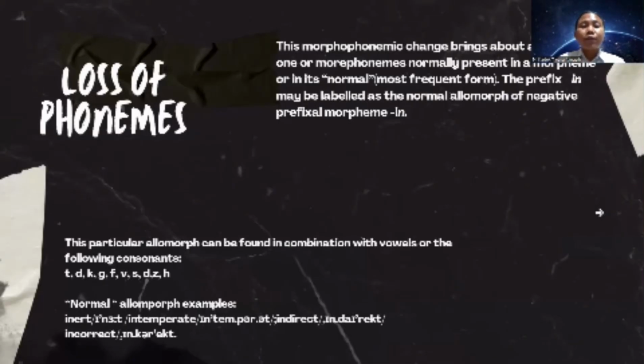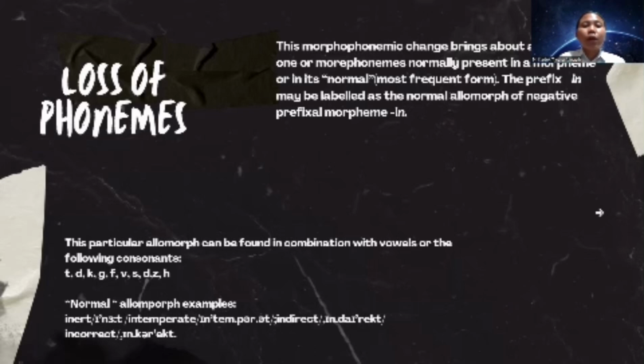Alright, the first is loss of phonemes. This morphophonemic change brings about loss of one or more phonemes normally present in a morpheme in its normal, most frequent form. The word may be labeled as the normal allomorph of the prefixal morpheme in.